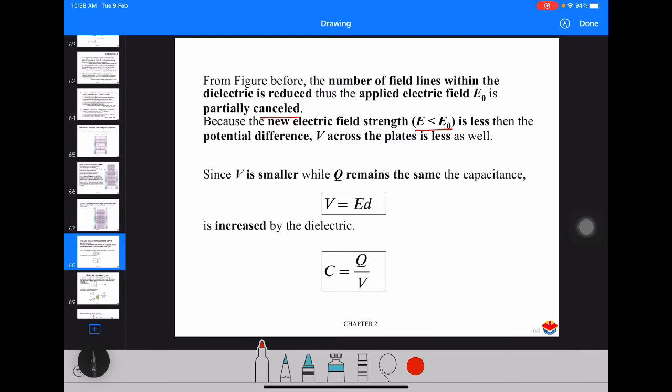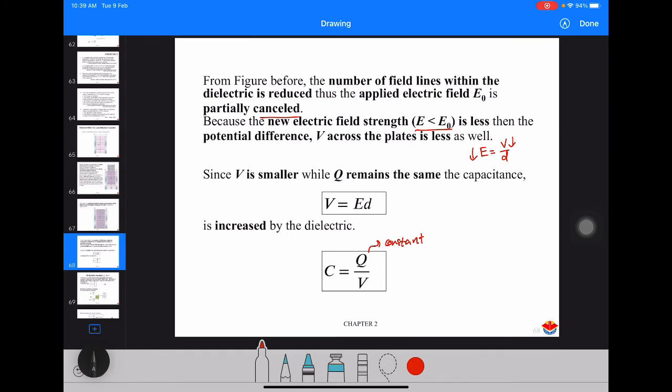Because of that, if you still remember E equals V over D, when E is decreasing, V will be decreasing as well, because D remains the same. One more thing you need to remember is that the charge remains the same. Once you pull out the battery, you have a constant Q that remains unchanged.